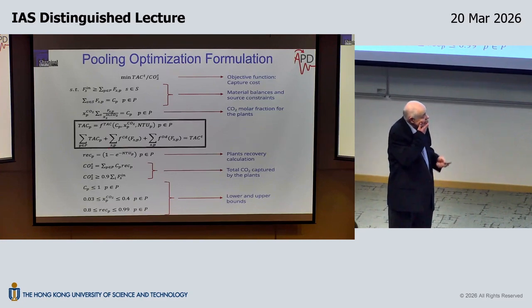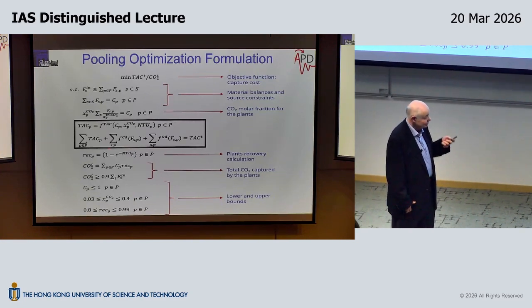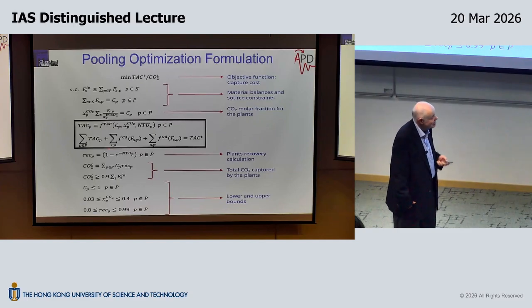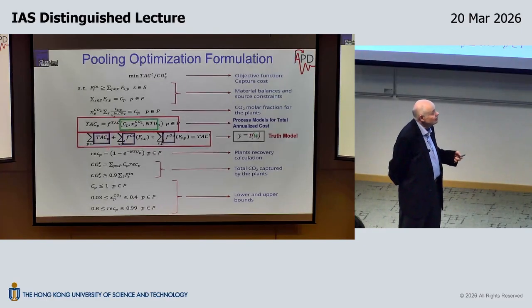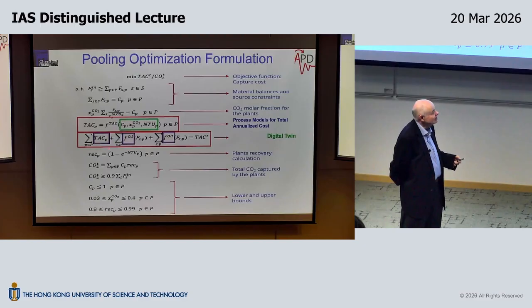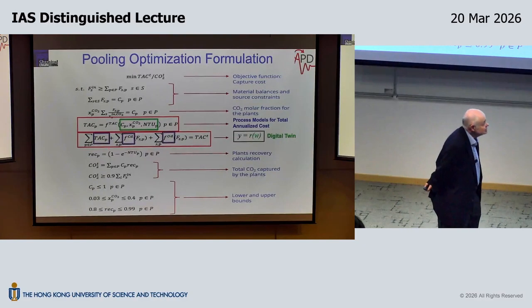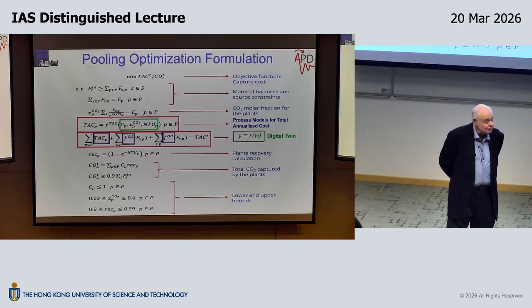Good. Now let's take a closer look at this. What we're going to do is say, these are all the individual properties that I need and the equations that I need. I want to know, can I replace the truth model with this model over here, which is going to be my digital twin. My truth model gets replaced by a digital twin, okay?